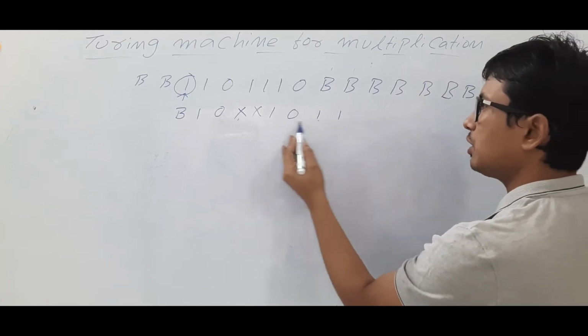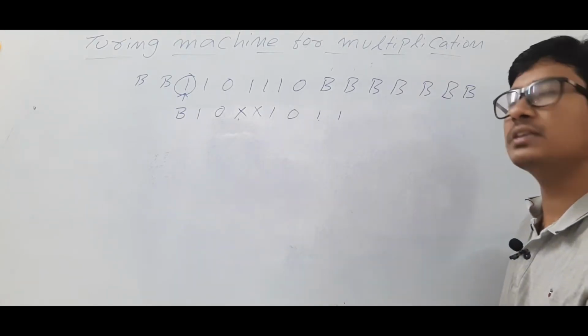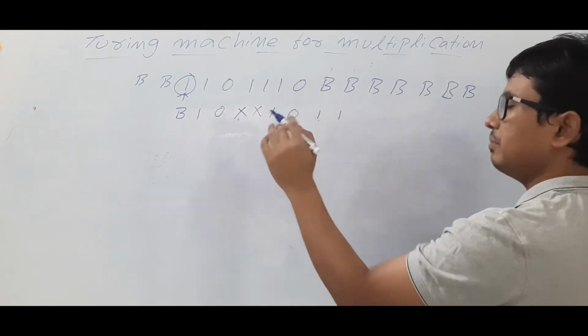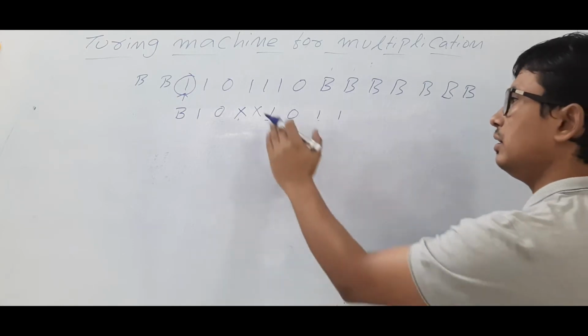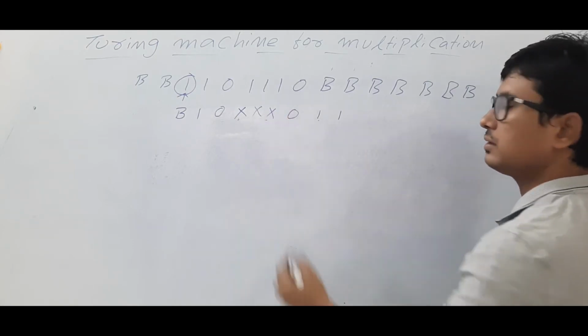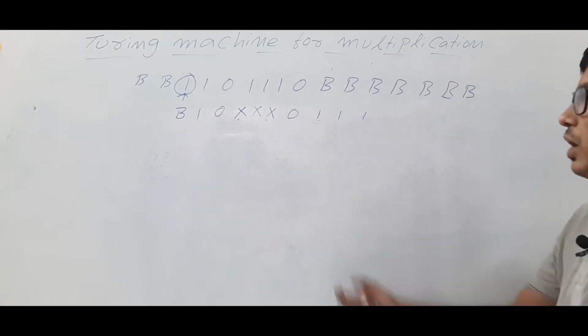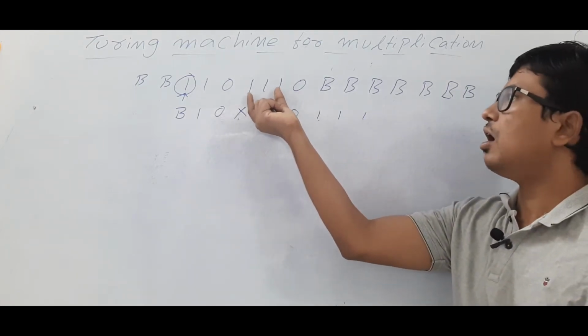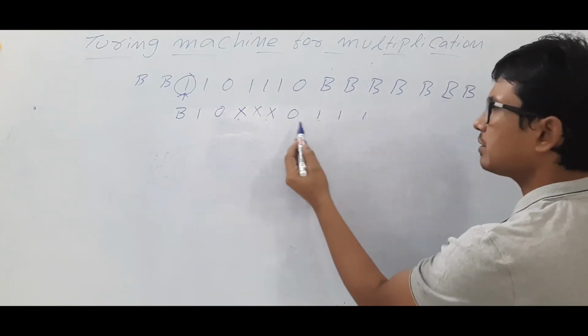Then again you keep going to the left till you get an x. If you get a 1, make it an x and change this blank to 1. So in the first iteration, all these ones I made here. I will keep on moving.